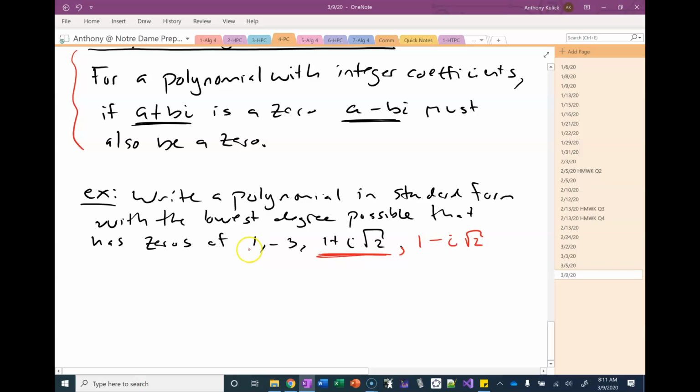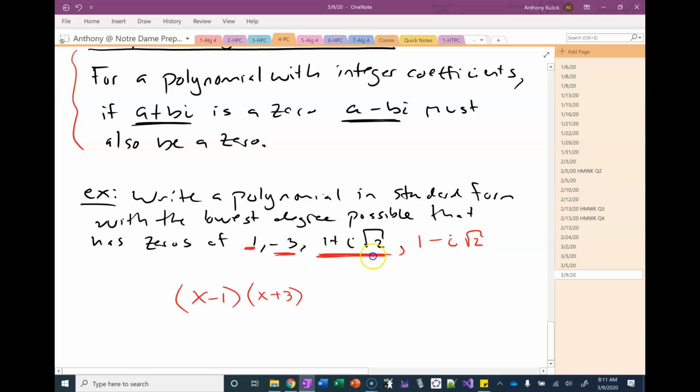So what factor does the zero of positive 1 give us? What factor am I going to write from the zero of x equals 1? X minus 1. Okay. And then how about -3? It's plus 3.